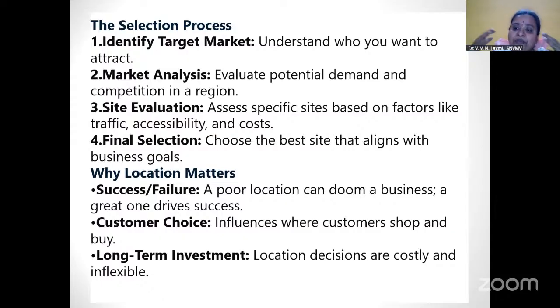Then go for more micro level, that is go for the site evaluation. So assess specific sites based on factors like traffic, accessibility, and cost of real estate. Finally, availability of employees is also very important. Knowledgeable and skilled employees are more important. And finally, choose the best site that aligns with the business goals of the retailer.